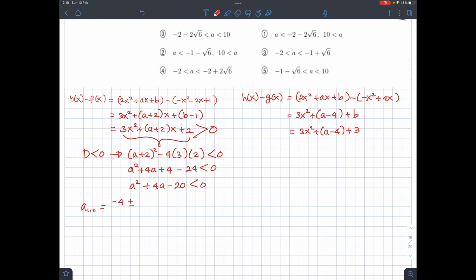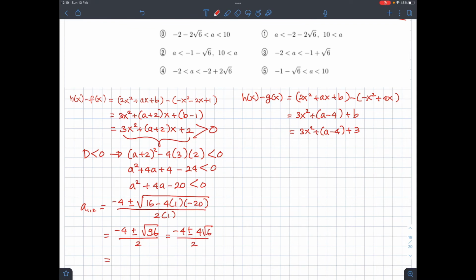Minus b plus or minus the square root of b squared minus 4ac, over 2a, and minus 4. I think this becomes 96, and you can write it as 16 times 6, so the square root gives 4 for this one.